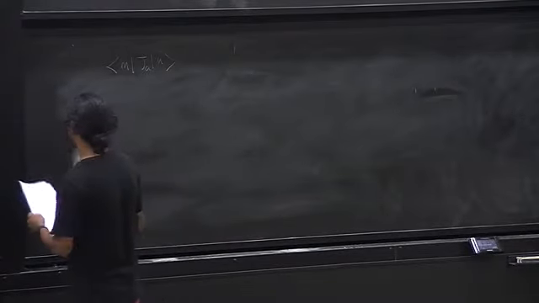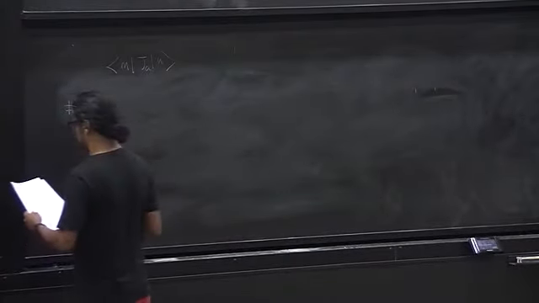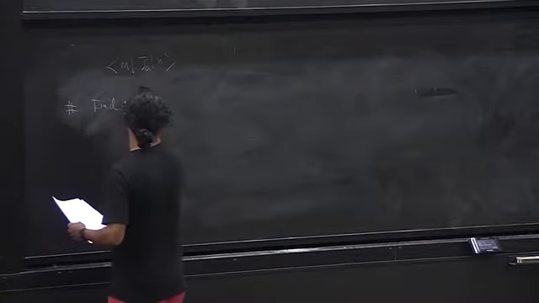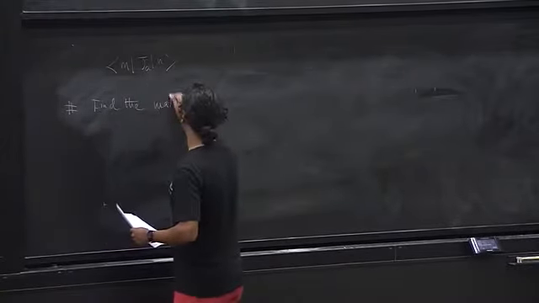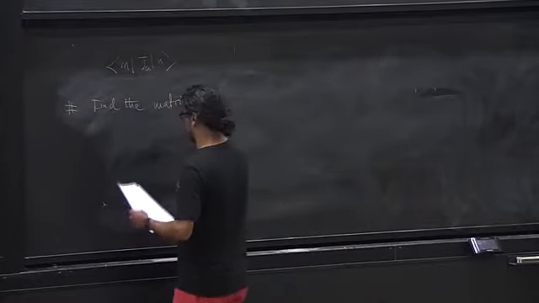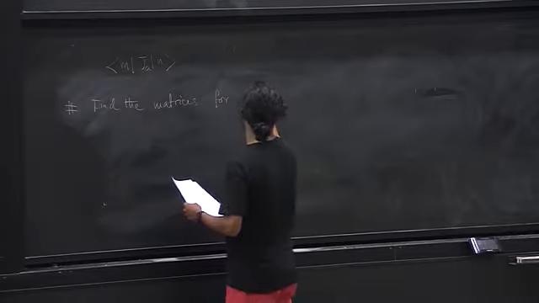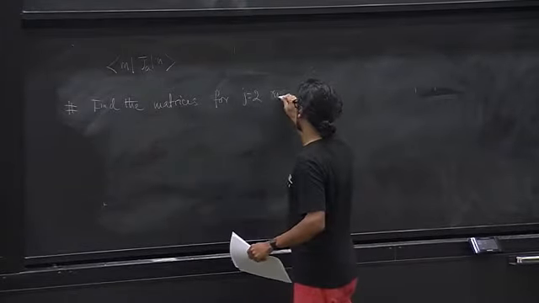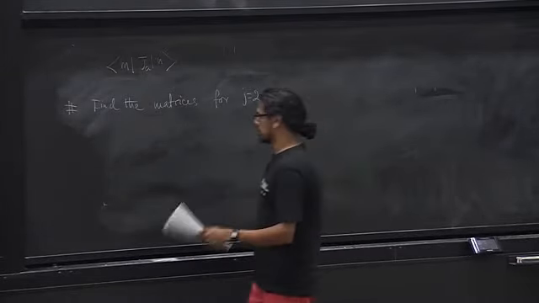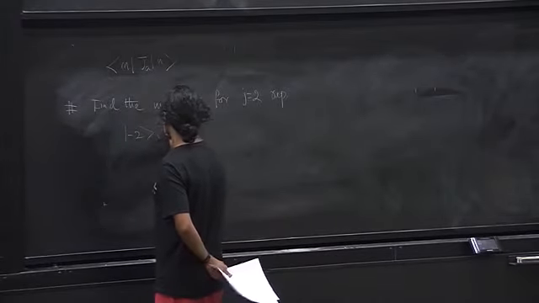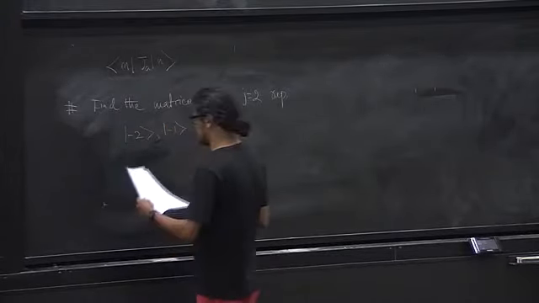So suppose I want you to find the matrices for the j equals 2 representation. So what are the basis vectors? These are -2, and so on, this is the ladder.